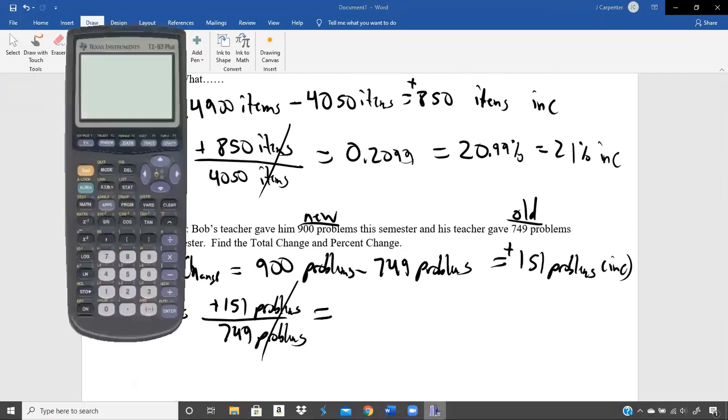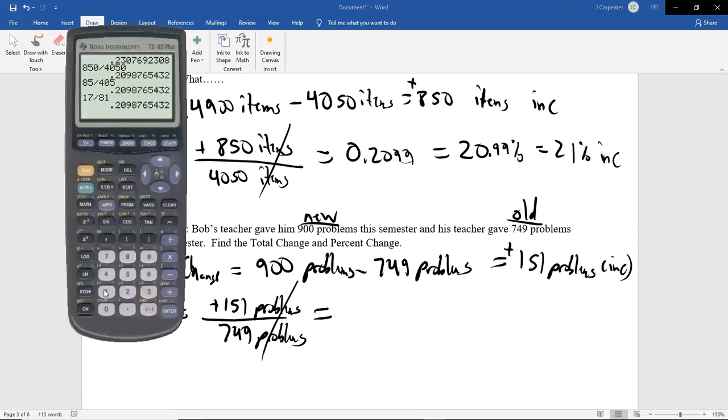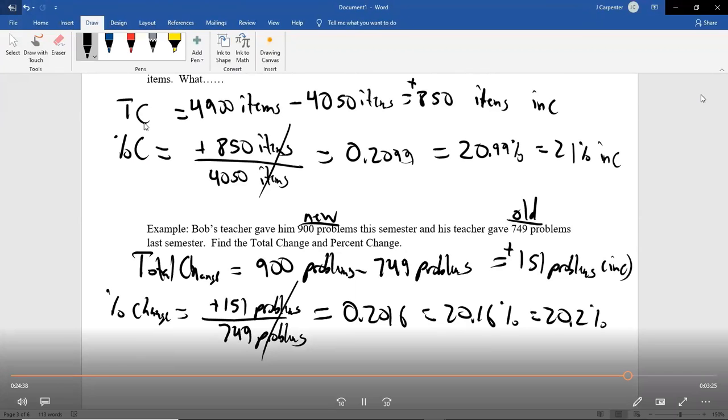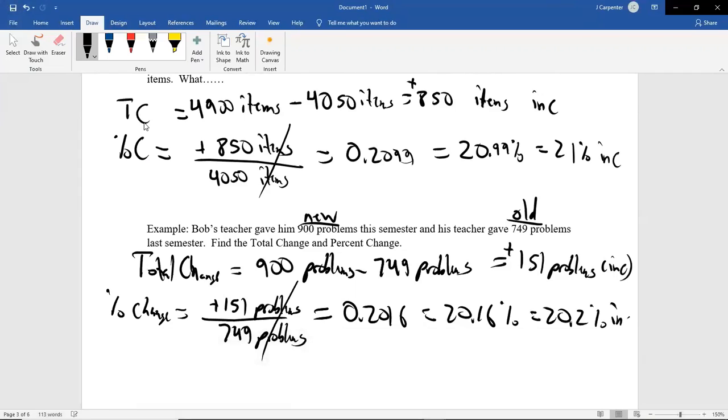So this will be unitless. We'll do 151 divided by the 749. If there's a reduction there, I don't see it. And you get 0.2016 blah, blah. You'll move that decimal right twice, so you get 20.16% or 20.2%. I am just rounding all these to 1 decimal place as a percentage, and that would be an increase.